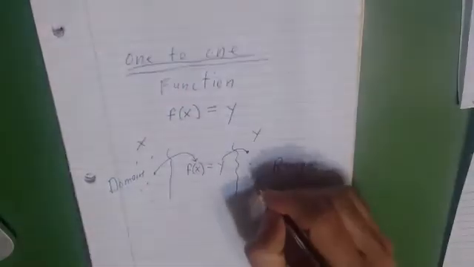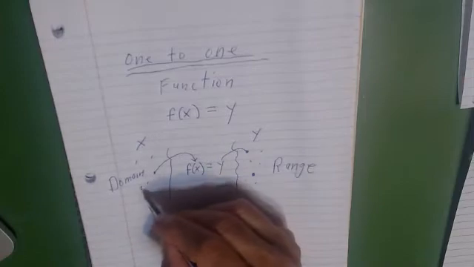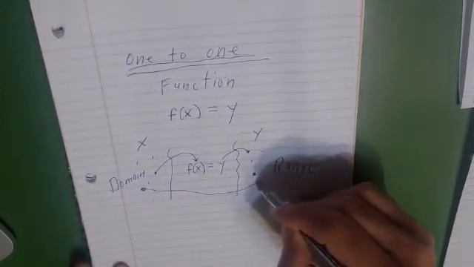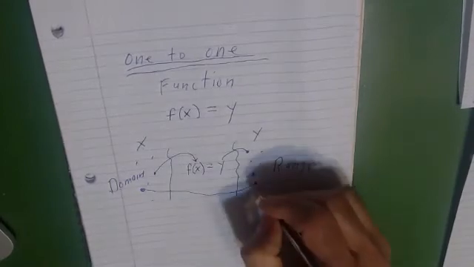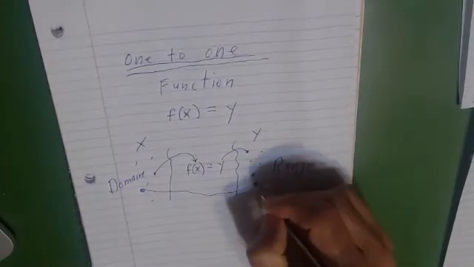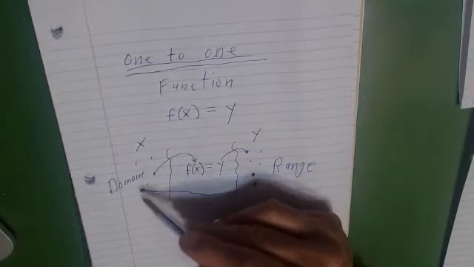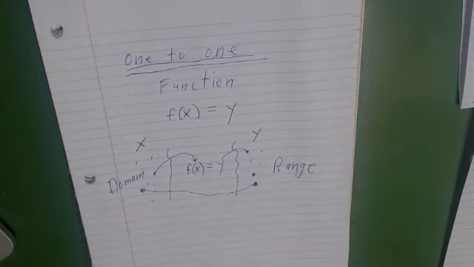But the same can be said for the opposite direction. For any y you select in this space, there is only one x that corresponds with that y value. So if I have a y value over here, there cannot be more than one x value in the domain that produces this same value of y.